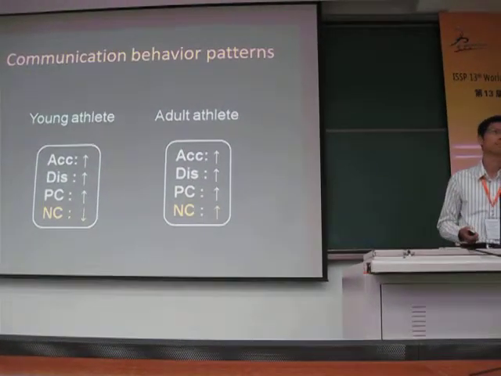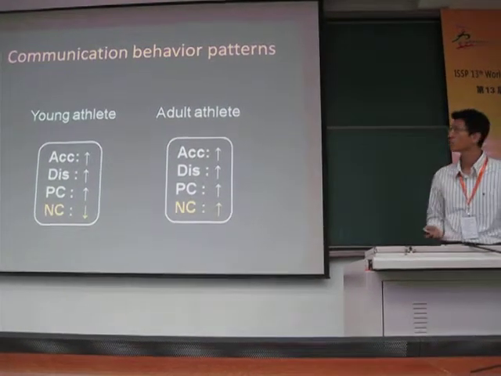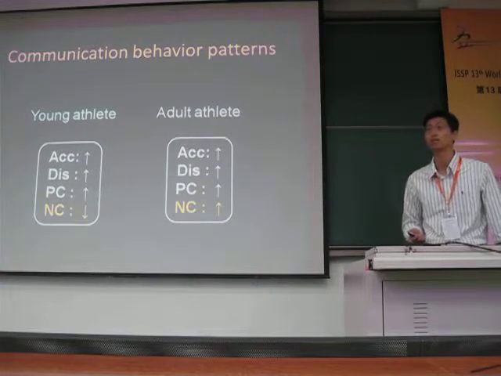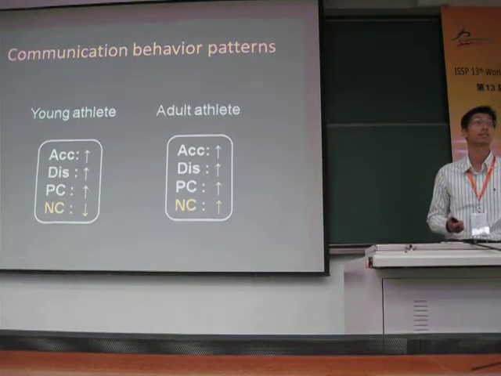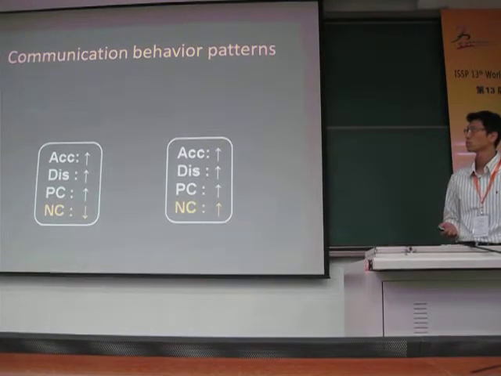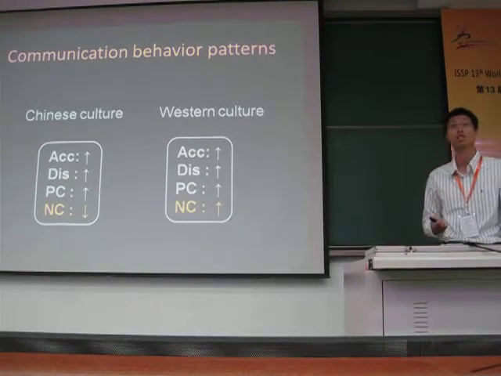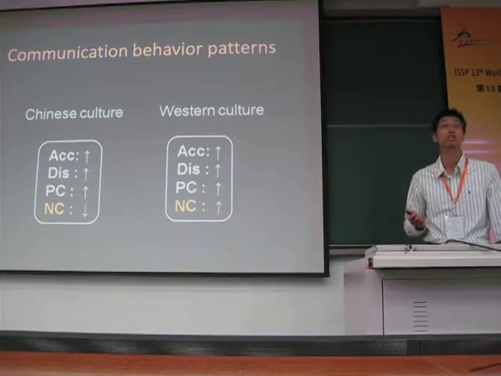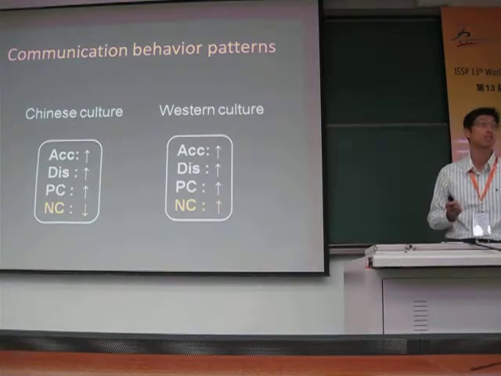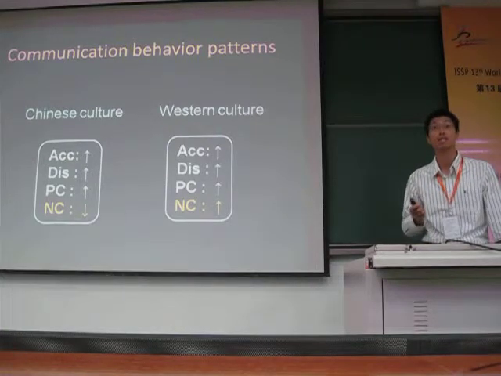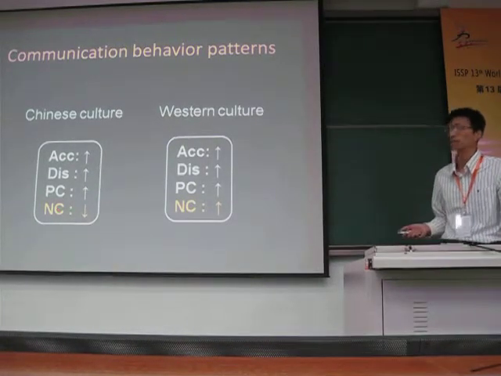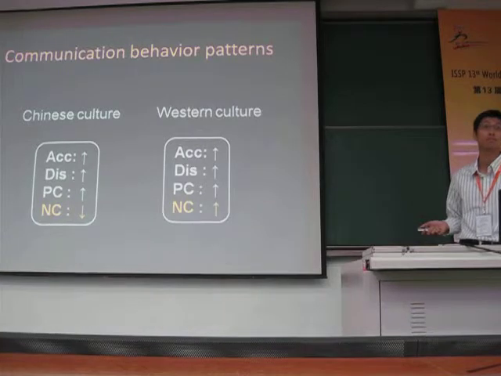We suppose that maybe there are different communication behavior patterns exist in sport teams composed of athletes with different age. Or maybe sports teams in Western culture and Chinese culture differ in their communication styles, reflected in several key resources such as negative conflict behaviors.